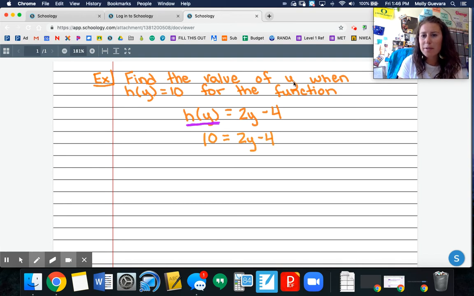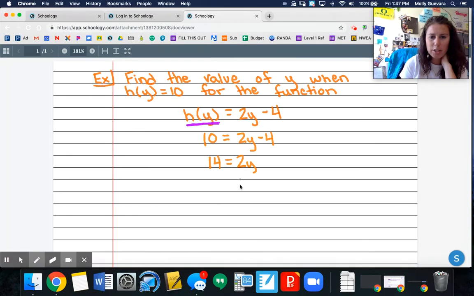And now it wants me to find the value of y. So it wants me to say, what do I have to plug in to my equation in order to get out 10? So that's what we are finding. So I'm going to add my 4 to the other side. So I have 14 equals 2y.